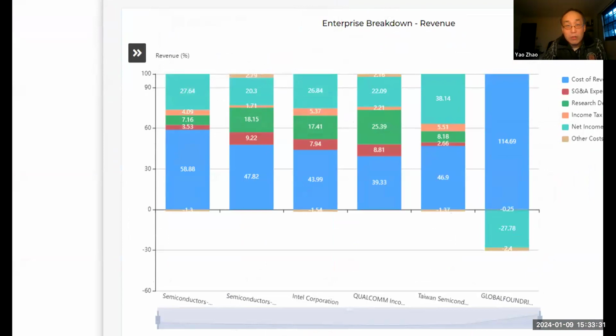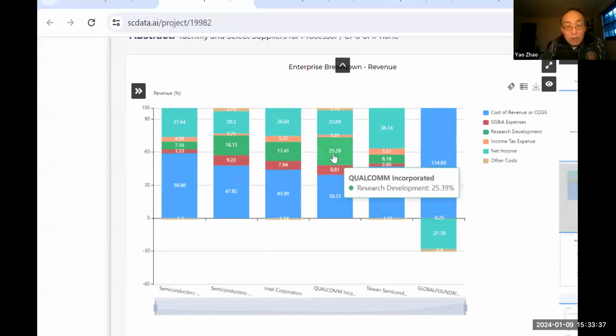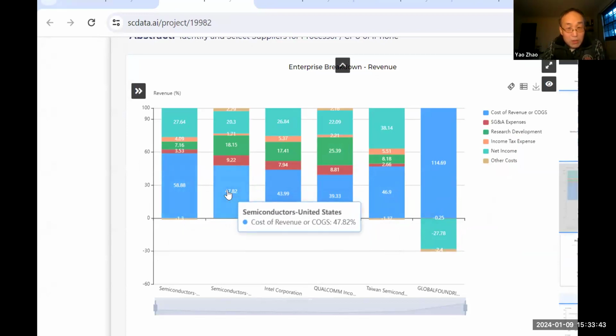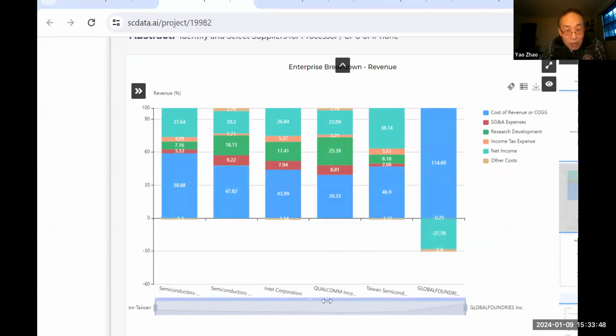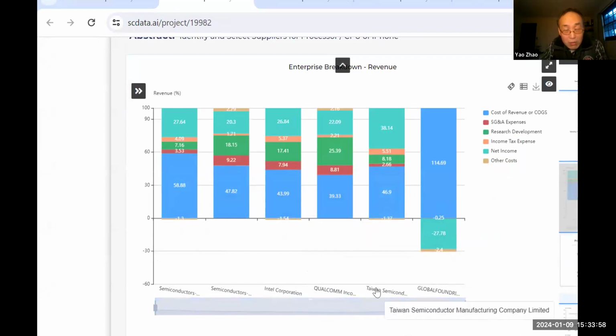This is another project I just did. Let me show you this. So this is the semiconductor revenue breakdown for the Taiwan companies. And this is the semiconductor revenue breakdown for the United States. We have three companies here: Intel, Qualcomm, and Taiwan Semiconductor Manufacturing. Now forget about GlobalFoundries. Let's just look at Intel and Taiwan Semiconductor, TSM.